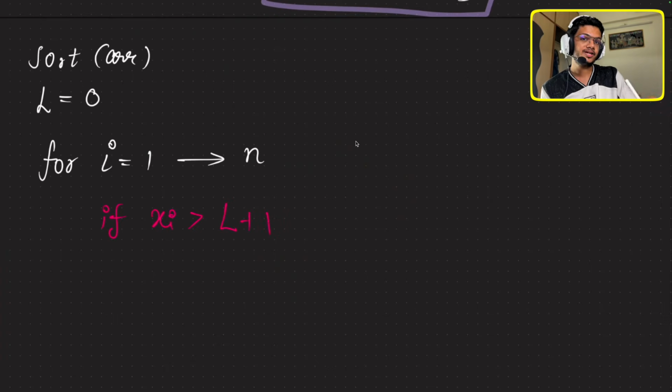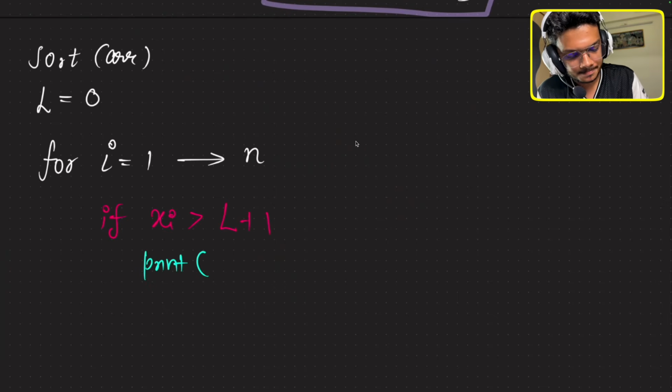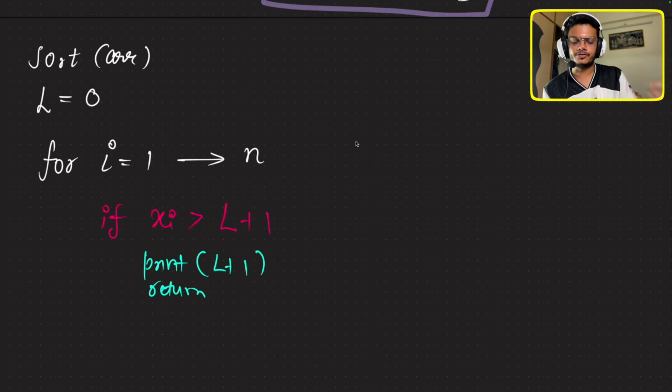If the current value of xi is greater than L plus 1, L being the largest sum that you have created using the elements x1 till xi minus 1, here you cannot create the sum L plus 1, your answer is simply L plus 1, and here maybe you can return out of the function.